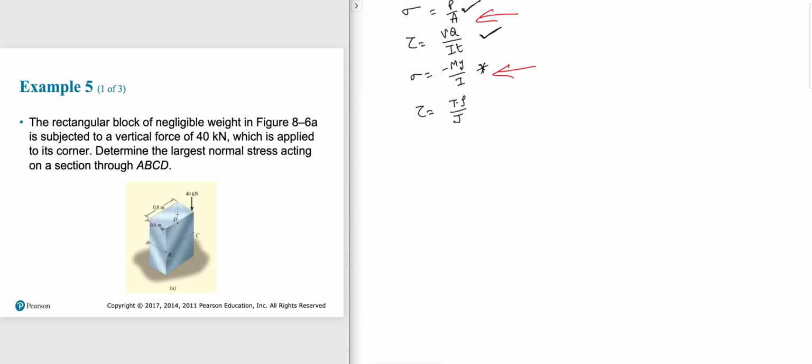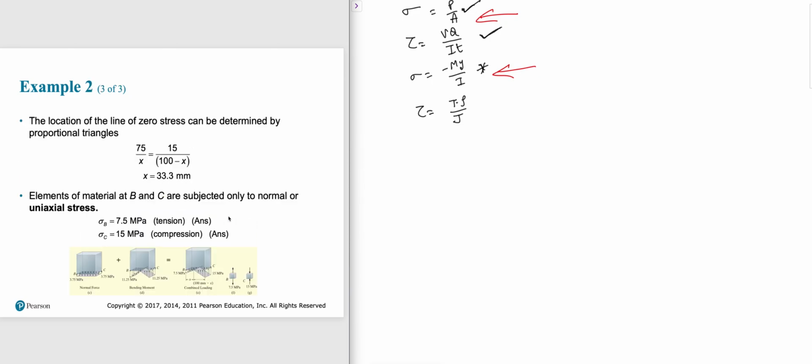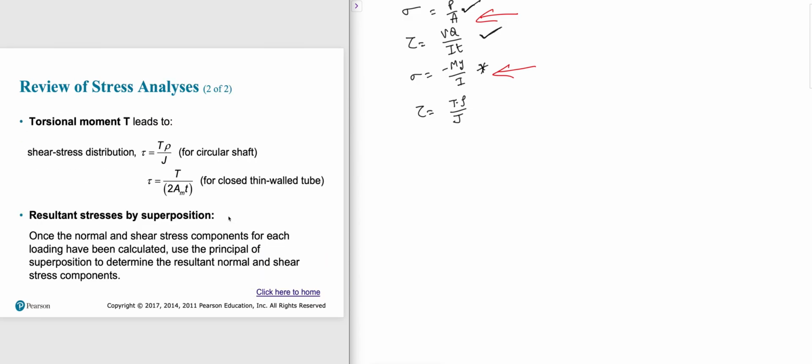Similarly, this problem here. Look at this 40 kilonewton acting at a corner. Due to this, what happens to points A, B, C, D? So these are some problems that we'll solve in this chapter. So with this introduction, before I introduce a new concept, all these formulas that I have given you here, which are sigma and tau due to various loads, you already know all this stuff.